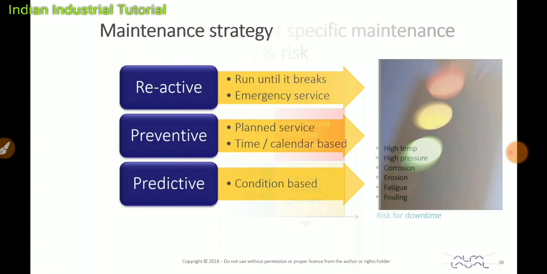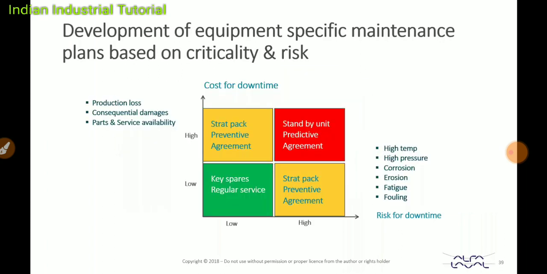These are the specific maintenance plans we can discuss. All the PHEs or all the heat exchangers cannot have a strategic plate bag or standby unit. Then how to sort it out? We have to see the cost of downtime. We have to see the risk of downtime.